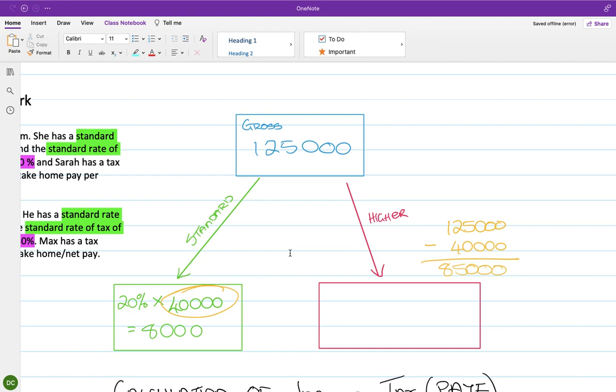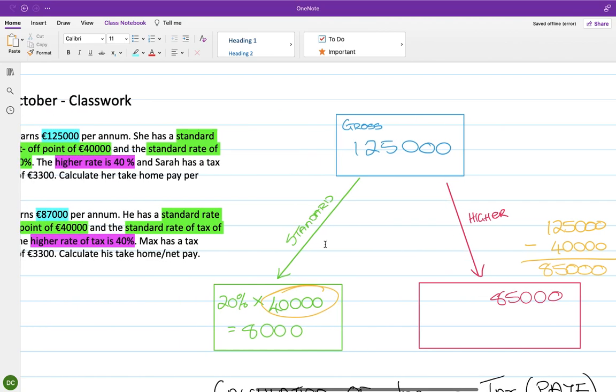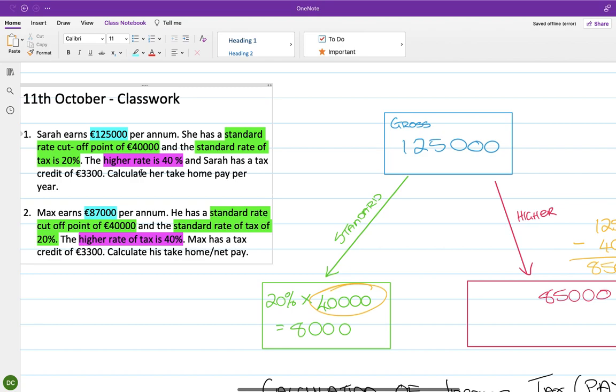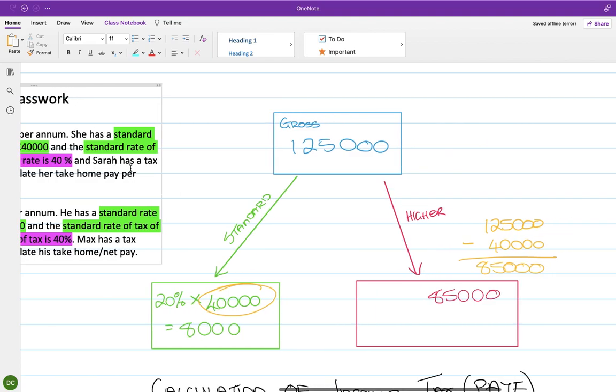So the 85,000 goes in here. And what tax goes with that? 40%. Yeah, I have it highlighted in pink, but it's the higher tax rate of 40%. So I'm going to put that in. And again, same calculation. We multiply. Yep, 34,000.